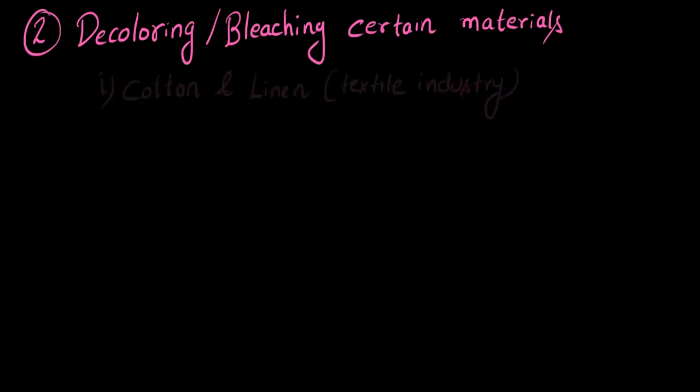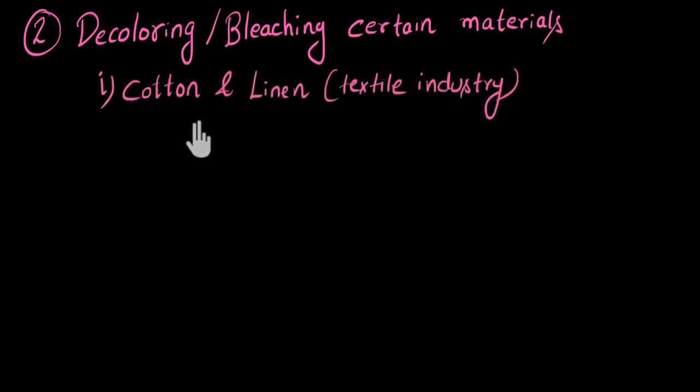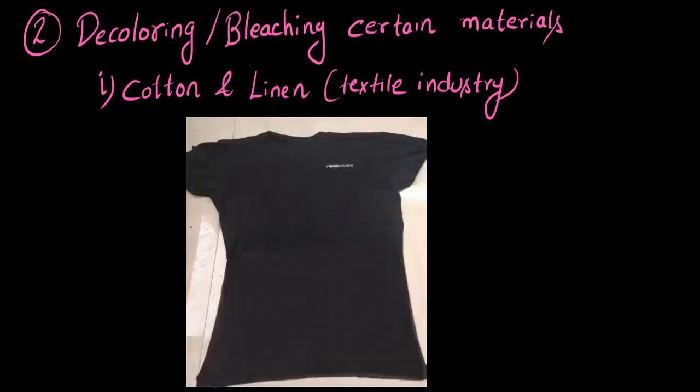For example, if you want to decolor cotton or linen in textile industries. My favorite t-shirt is black in color, but it is made up of cotton material, and cotton is not naturally black in color. So how did this color happen to come over here? I guess the makers of the t-shirt would have put the cotton t-shirt into a black colored dye, and the molecules of the dye would have got stuck on this t-shirt, and that's how my t-shirt appears black in color.